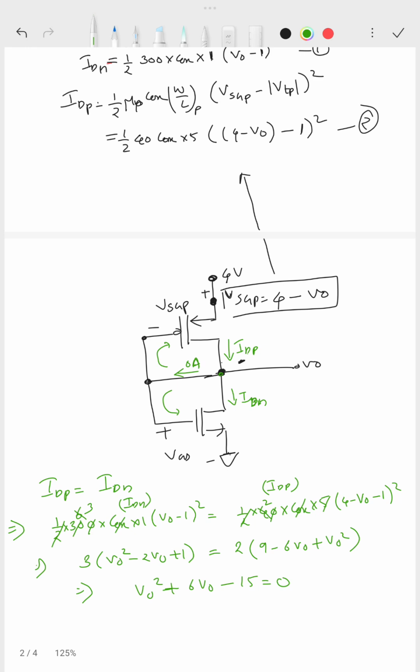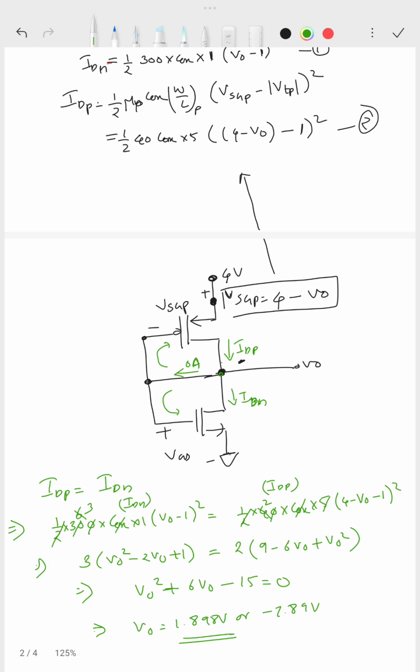On LHS, 3 into 2 is 6, and on RHS 2 into 6 is 12, so if I subtract it will be equal to 6, and I have 3 and 18 on LHS and RHS. If I bring that again, I will get minus 15 on LHS. So if I solve this, I will get V naught equal to 1.898, or I will get minus 7.89 volt.